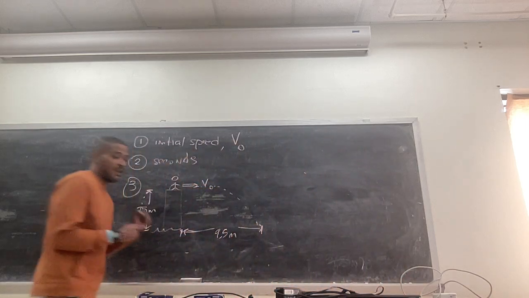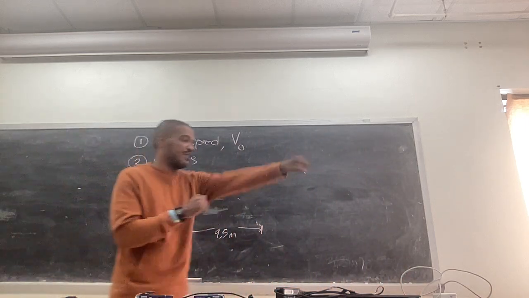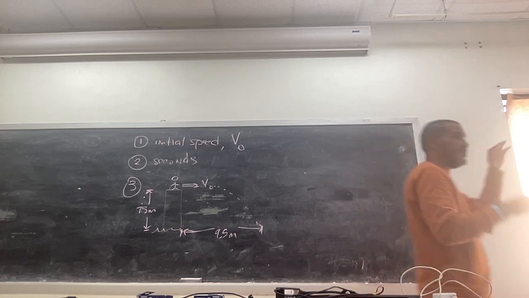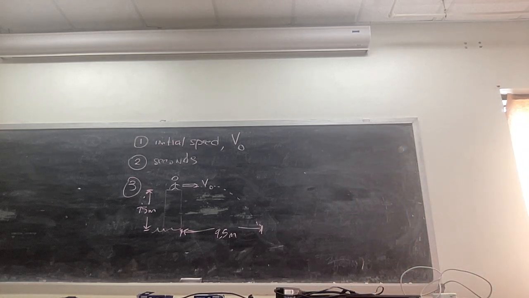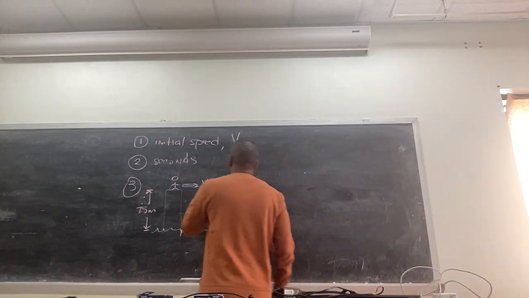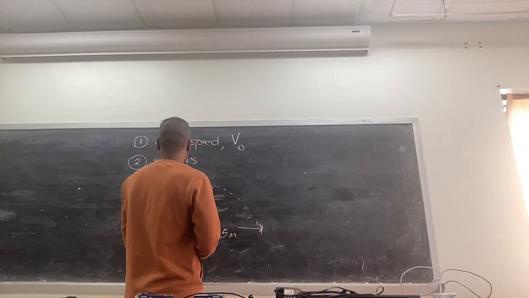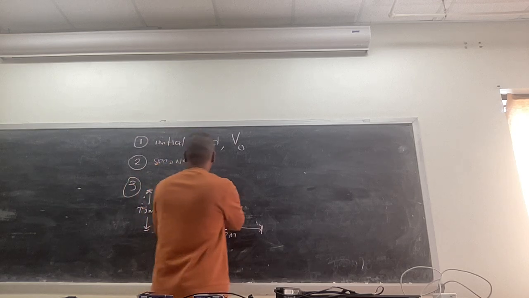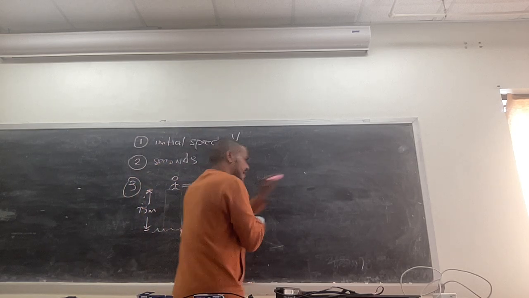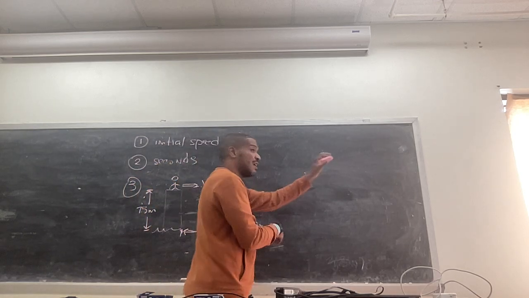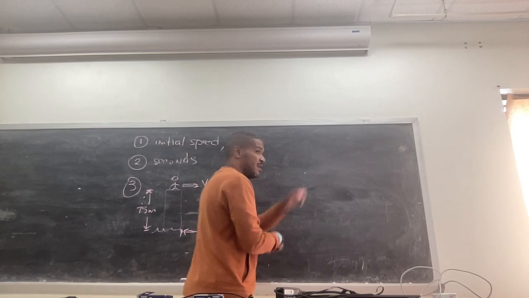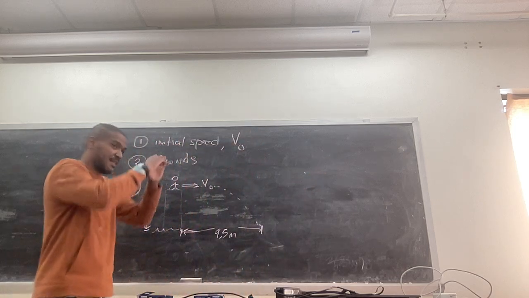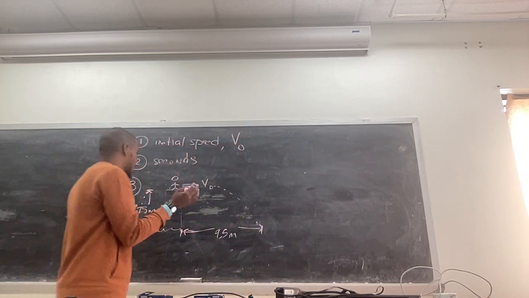When I throw something off of a building horizontally, that's the same as me dropping it. So the initial speed in the x direction, or the horizontal direction, is what we're breaking up now. We're not talking about projectile motion.